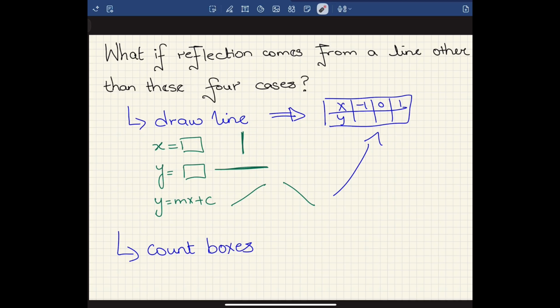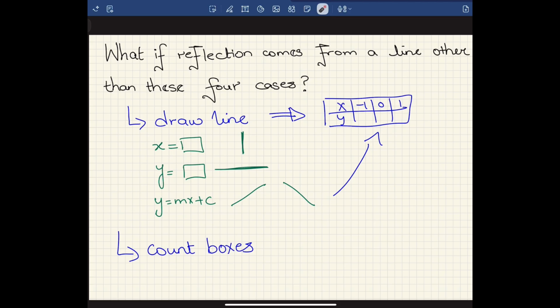Because we're doing reflection currently, I think it would be very easy for you to figure out that the transformation is reflection. But once you're done with all the 4 types of transformations, reflection, rotation, translation, and enlargement, I will also teach you how to identify the type of transformation being performed on a particular shape.